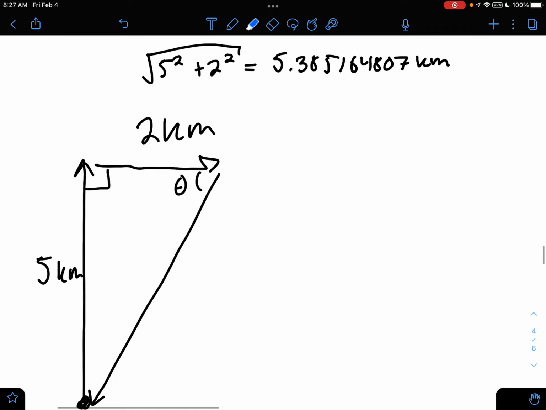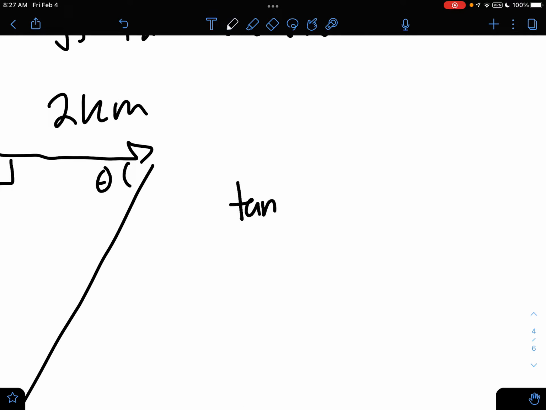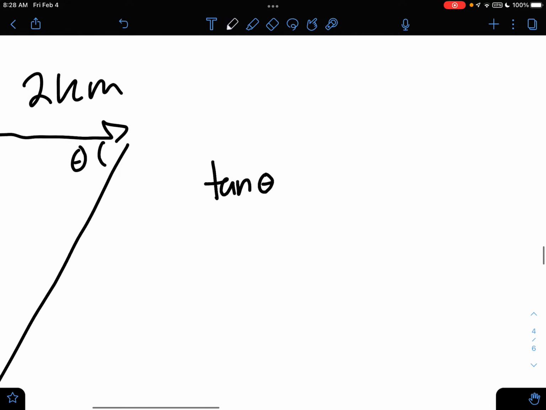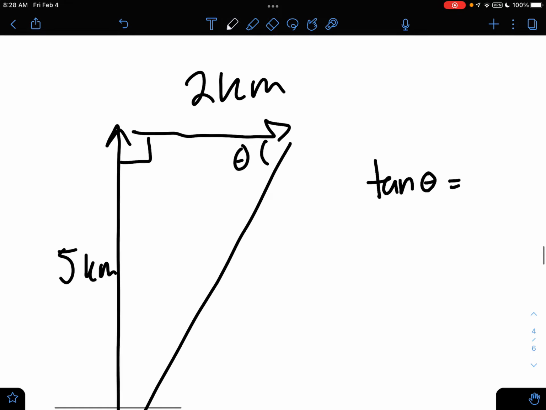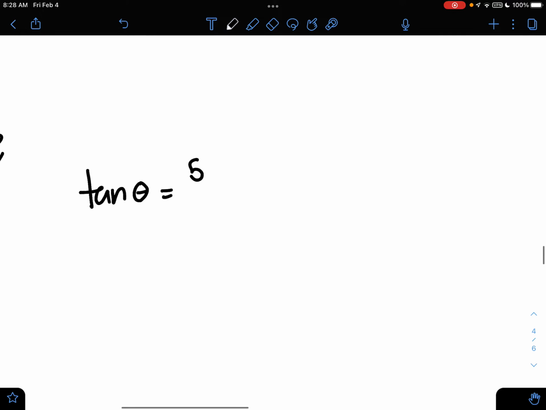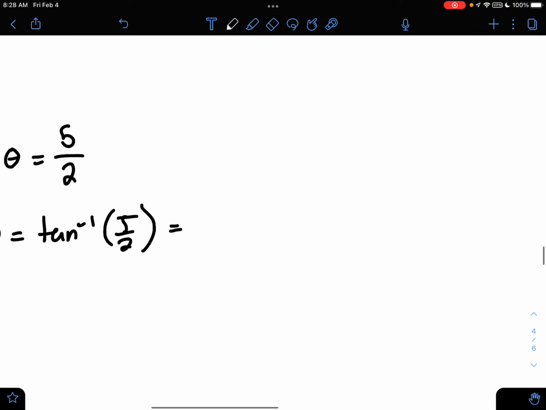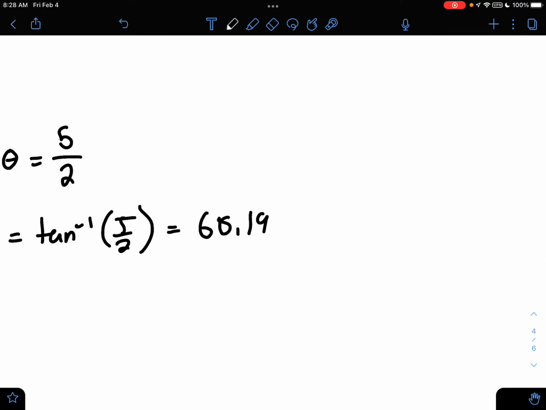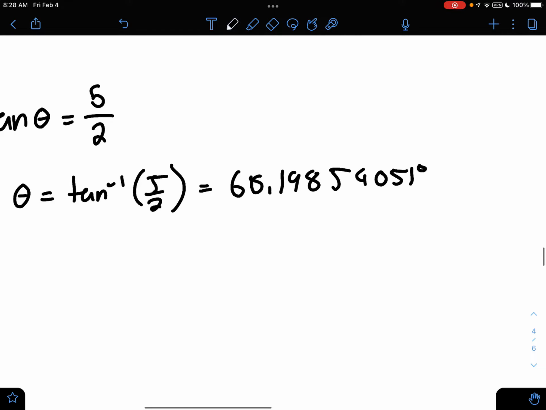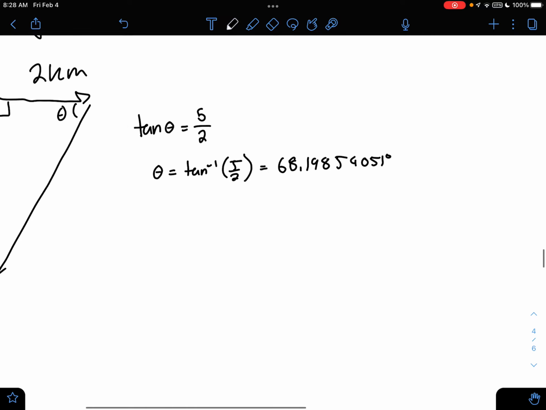So I'm going to say that the tangent of theta is going to equal, TOA, opposite 5 over 2. Which means that our theta is the inverse tan of 5 over 2, which roughly equals 68.1985951 degrees.